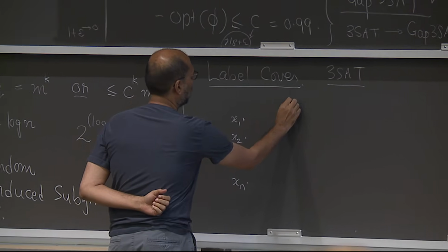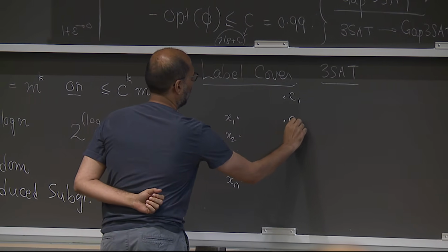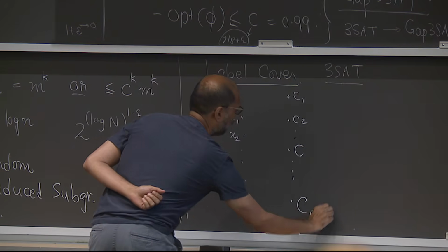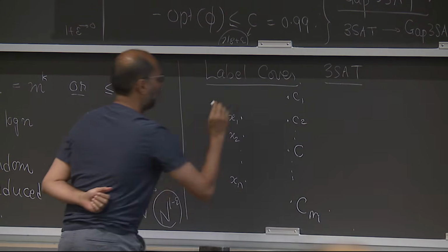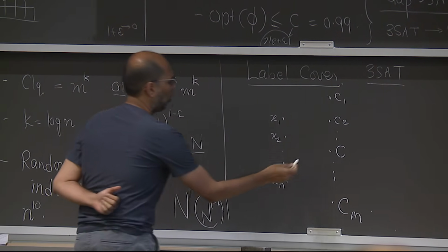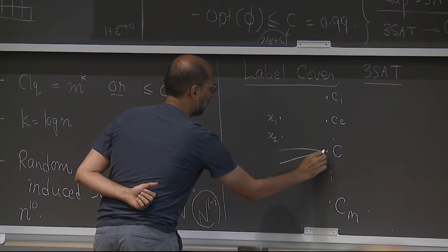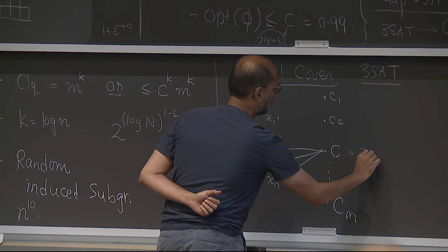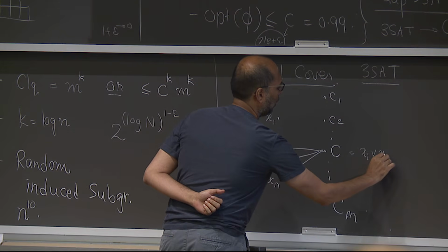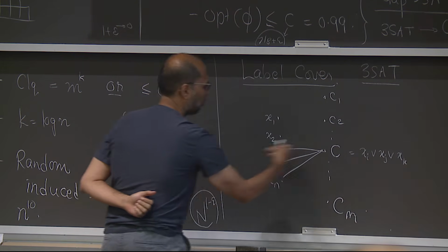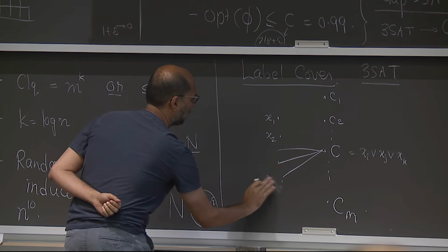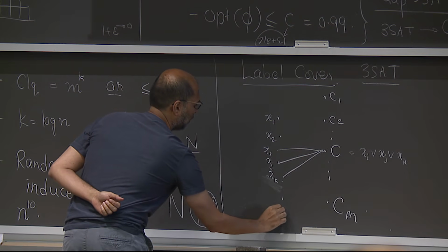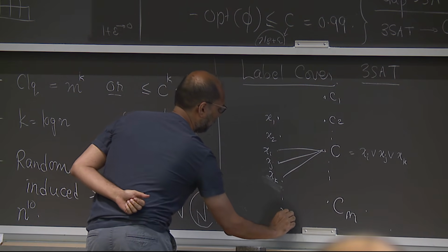The right-hand side is all the clauses of the 3 sat instance. Okay. And you connect a clause to the 3 variables which appear in that clause. So maybe the clause is xi or xj or xk, in which case you are going to connect it to the 3 vertices xi, xj, xk. So that's the bipartite graph.